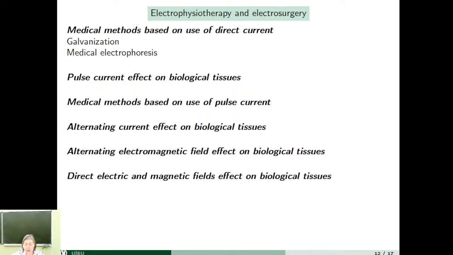Medical electrophoresis is a method of treatment when direct current is used for introducing medical substances through skin or mucous membranes. Medical electrophoresis is performed similar to galvanization, but one hydrophilic layer is wet, not with water, but with a certain medical solution.